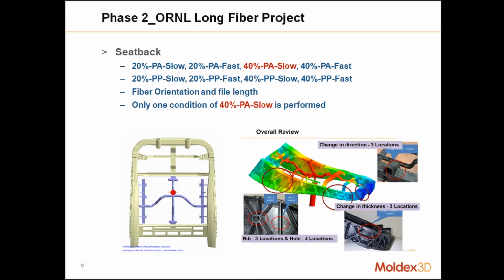And the challenge is that they try to measure in different positions, especially where you have a direction change, as in the red circle area. So in this rib area and also in the area with a change in thickness, this is quite a typical position where the customer wants to have a deeper look at the fiber orientation prediction.